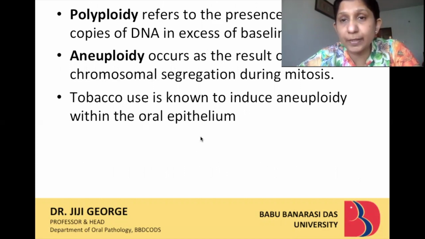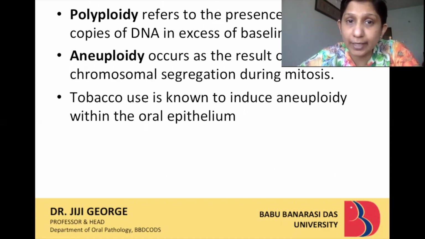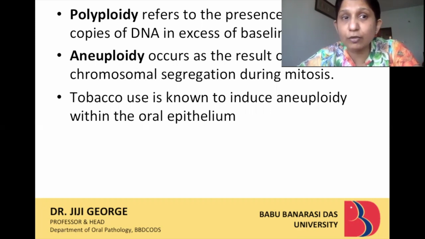Polyploidy refers to the presence of multiple copies of DNA in excess of the baseline diploidy. Now, we all know that human cells are diploid in nature. That means we have one chromosome from the father's side and one chromosome from the mother's side. So polyploidy is nothing but the presence of multiple copies of DNA. And aneuploidy is a result of unbalanced chromosomal segregation.